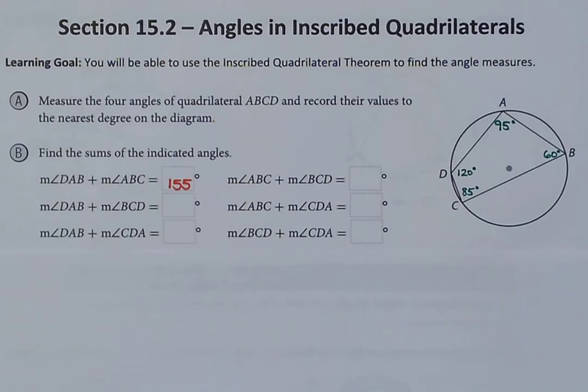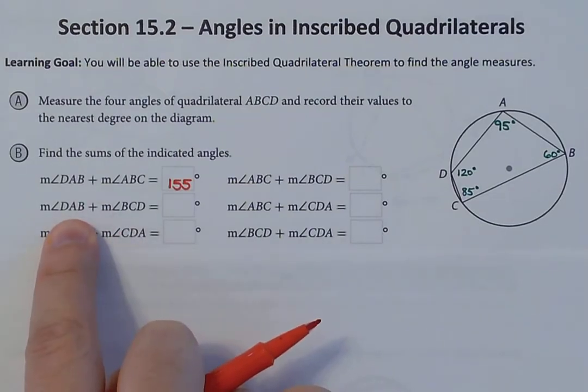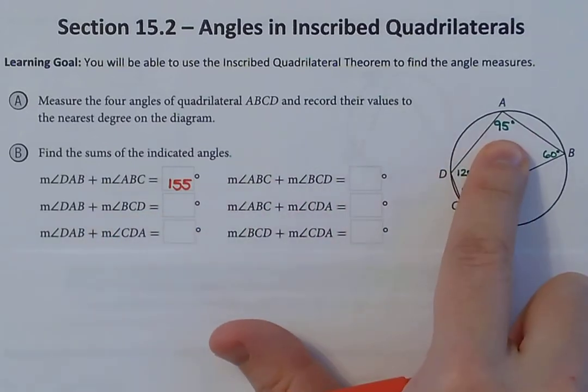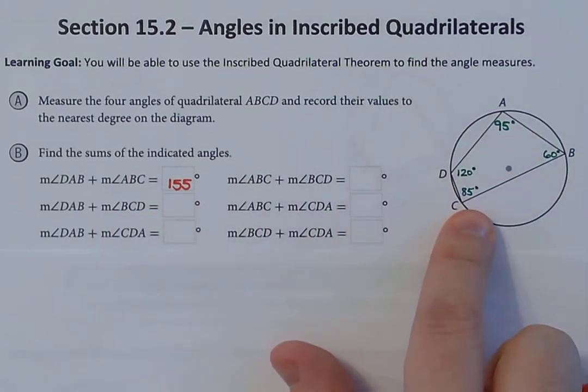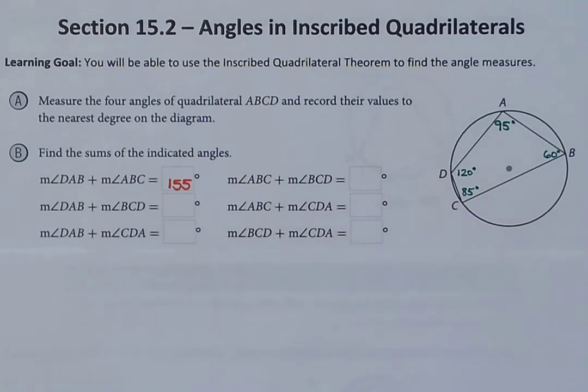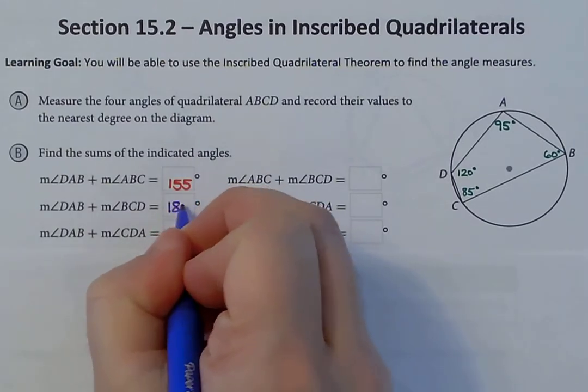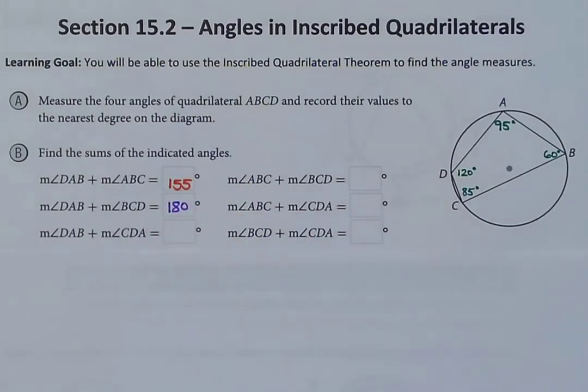Now for the next one, we have the measure of angle A plus the measure of angle C. So the measure of angle A is 95 and the measure of angle C is 85. So if we do 95 plus 85, we get 180.